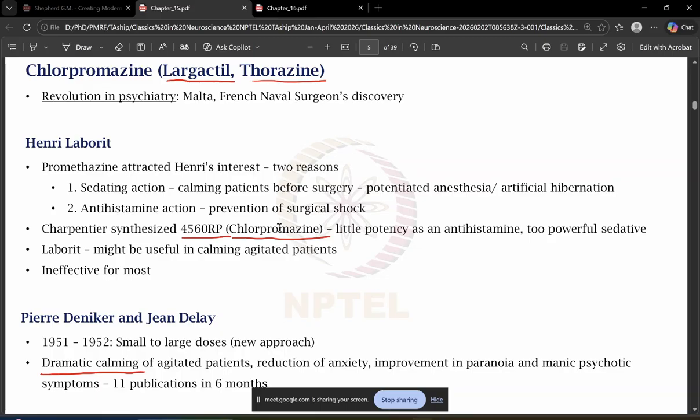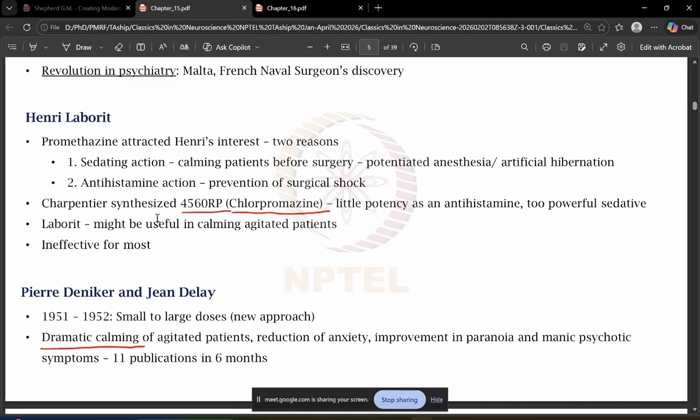Surgical shock is basically a sudden drop in the blood pressure of patients during surgery. So he was interested in a drug which would sedate and calm the agitated patient before surgery and which would potentiate anesthesia, basically have an effect similar to anesthesia.